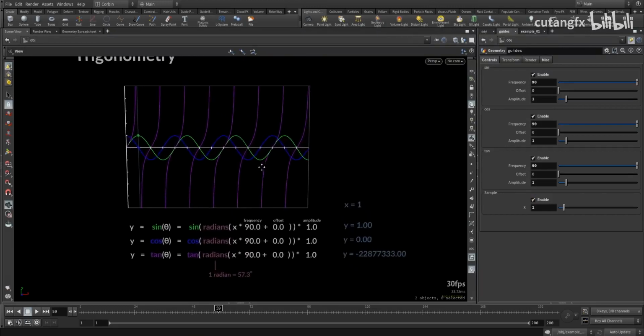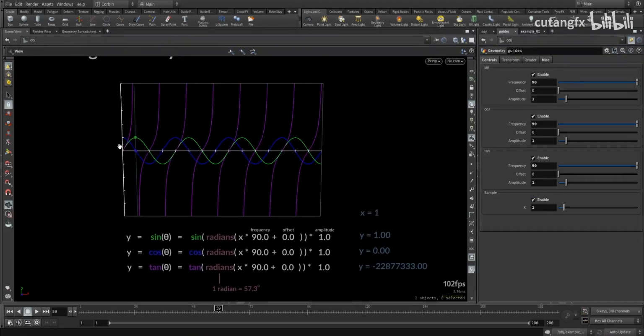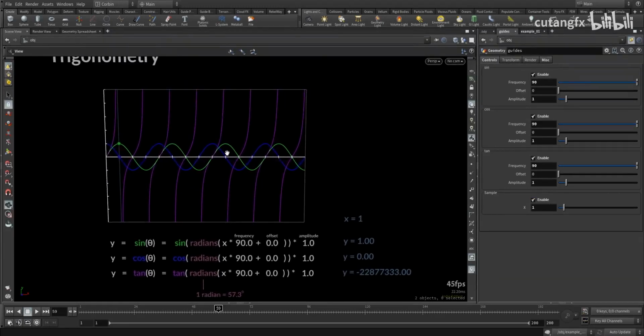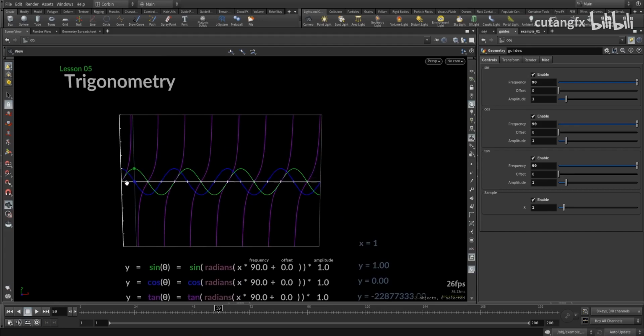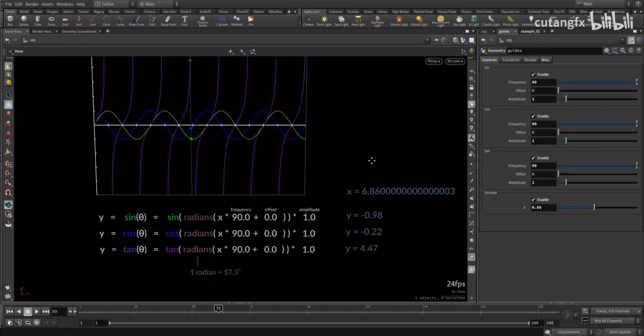Okay, so let's move on. Actually, I just want to show you here. If we look at a single value of x along these, because I know we're looking at a wave, and we often think of trigonometry functions as waves, and that's because we're feeding it a variety of x values, essentially an array of x values, a line with different values along. But if we sample at a single point, you'll see what happens to the values.